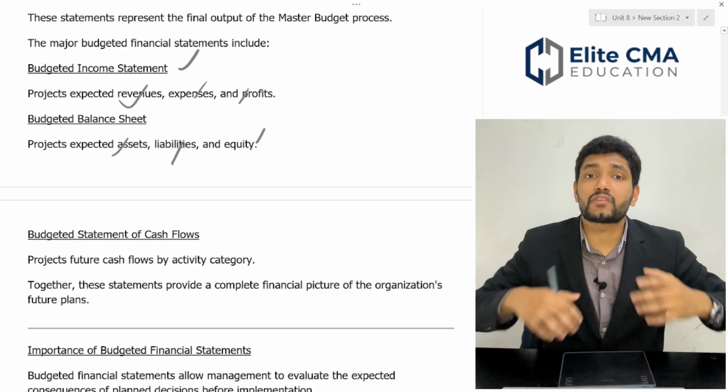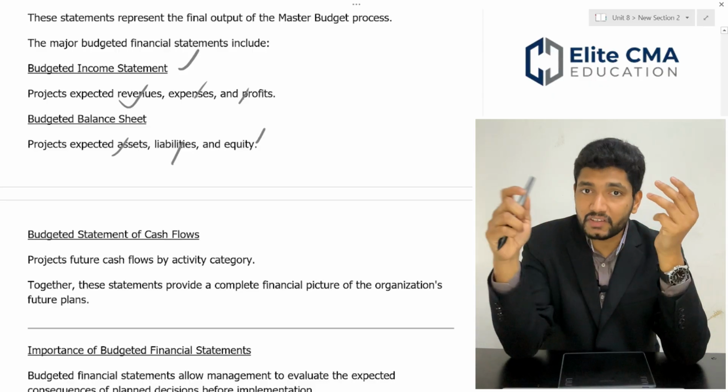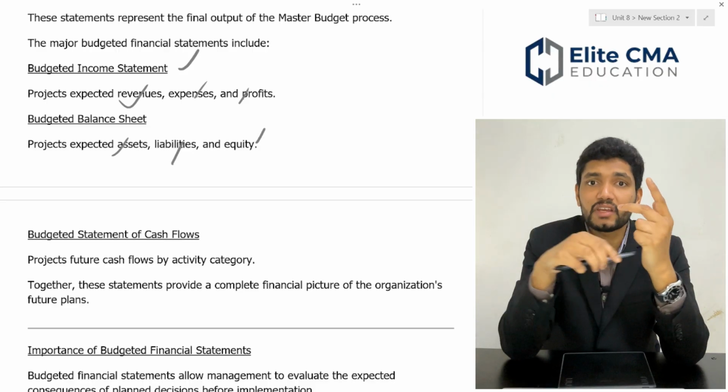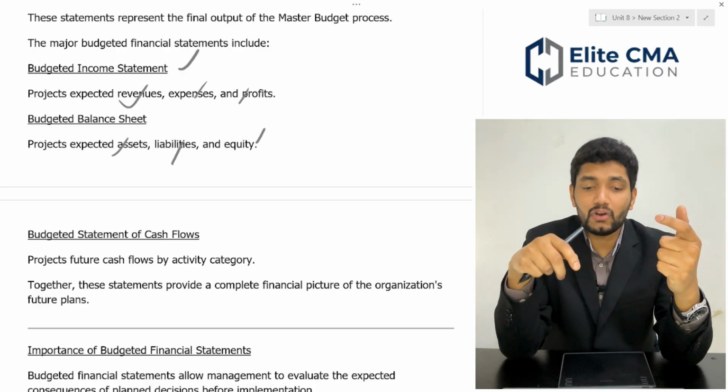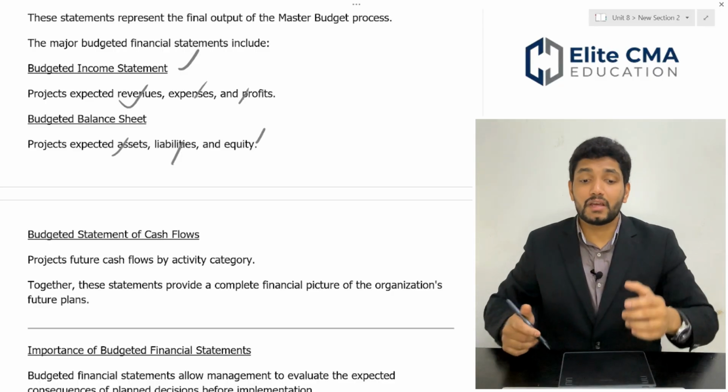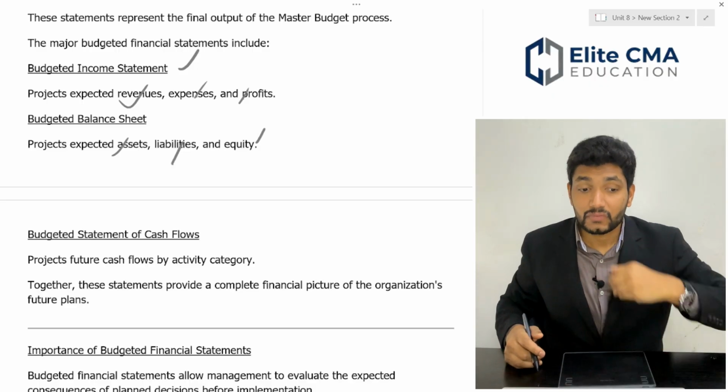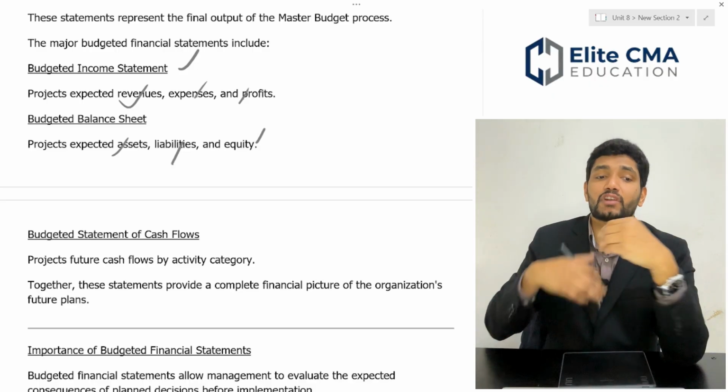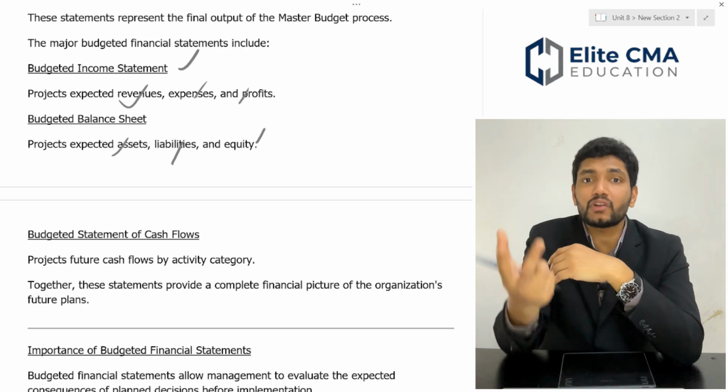Together these statements give the organization a holistic financial picture based on the future plan.